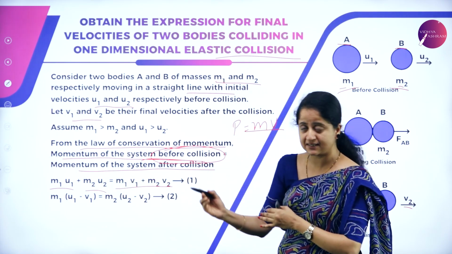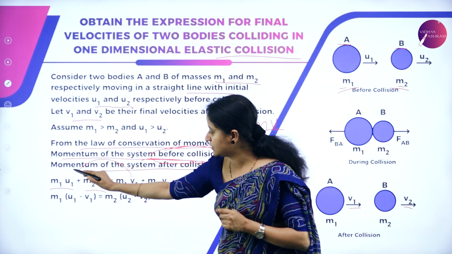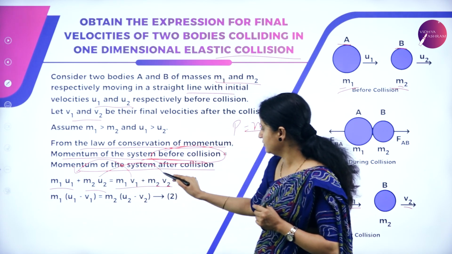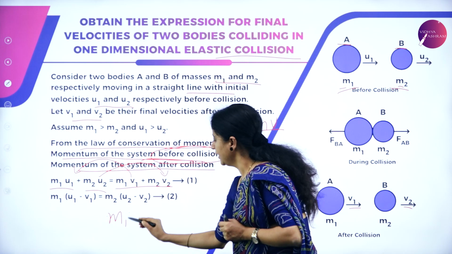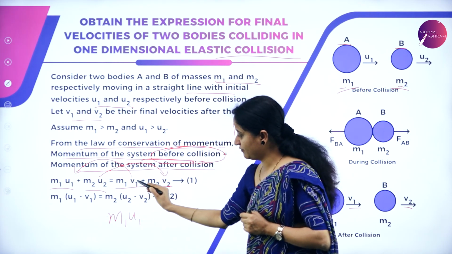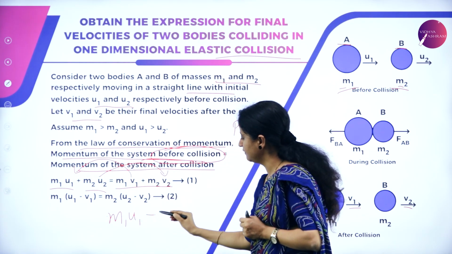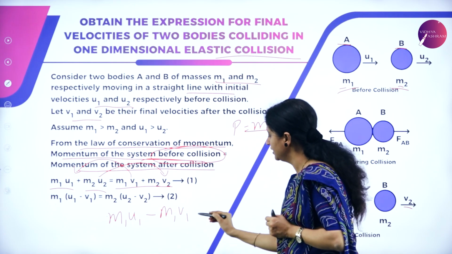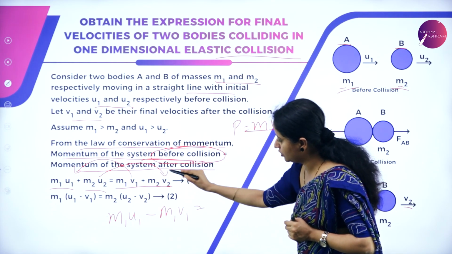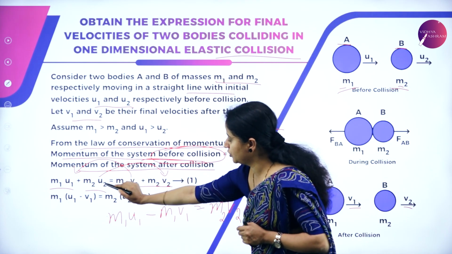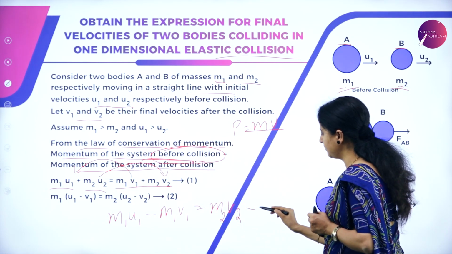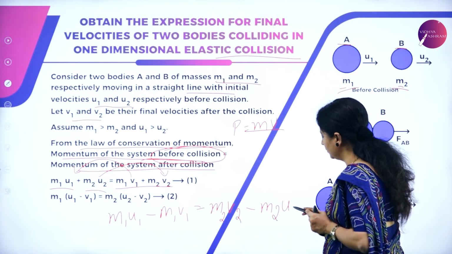Now from this, let us bring all m1 terms to one side and group m2 terms to the other side. So, transposing, we get m1 u1 here. When m1 v1 goes to the other side, it will become minus m1 v1, which is equal to m2 v2, and transposing m2 u2 to RHS, I will get minus m2 u2.